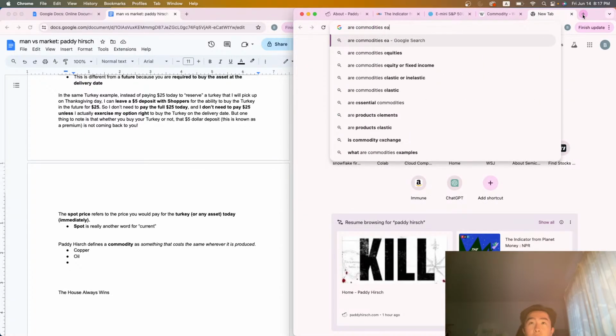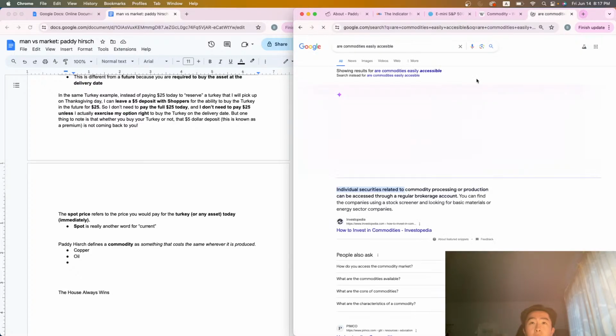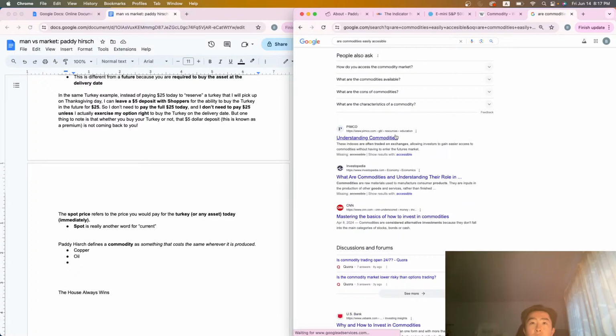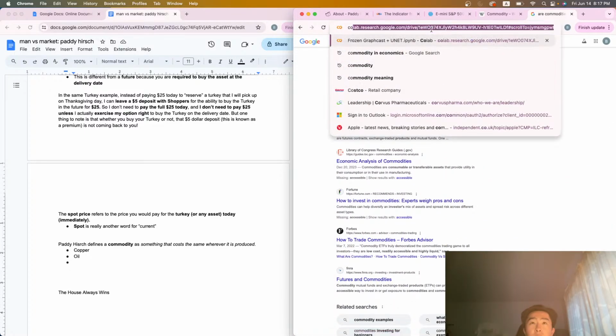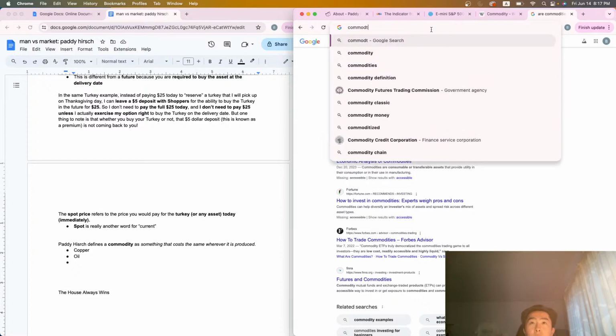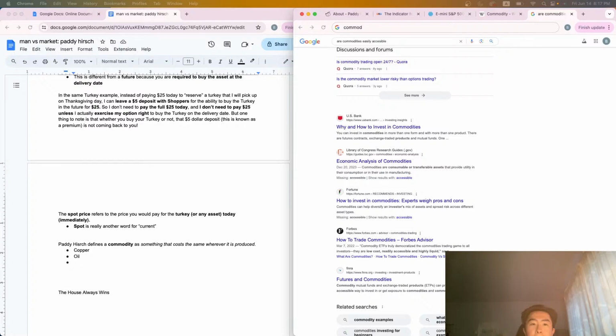Commodities are easily accessible. Yeah, so when I hear people say that ChatGPT or large language models are becoming like commodities, what does that mean?